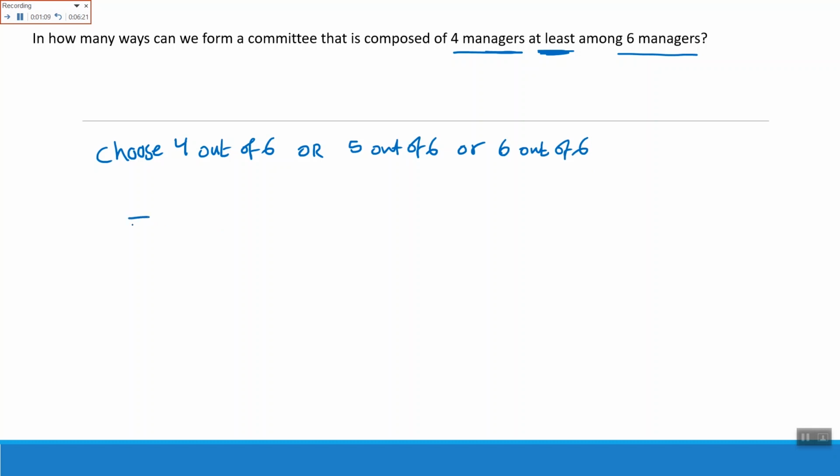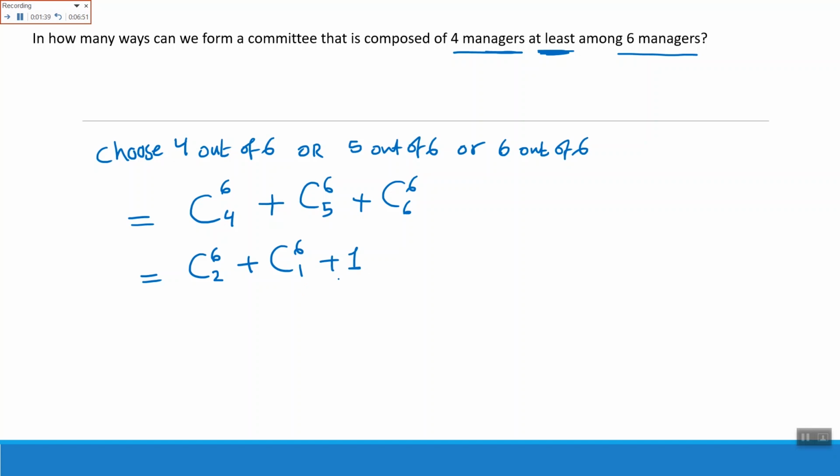So the answer to this is going to be combination 6-4, or, translated into addition, combination 6-5, or combination 6-6. Combination 6-4 is the same as combination 6-2 using the reduction formula. Combination 6-5 is the same as combination 6-1 using the reduction formula. Combination 6-6 is just 1.